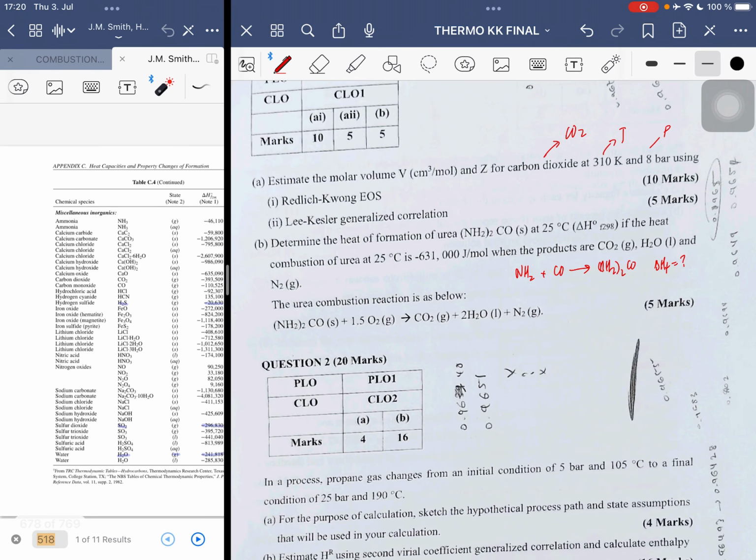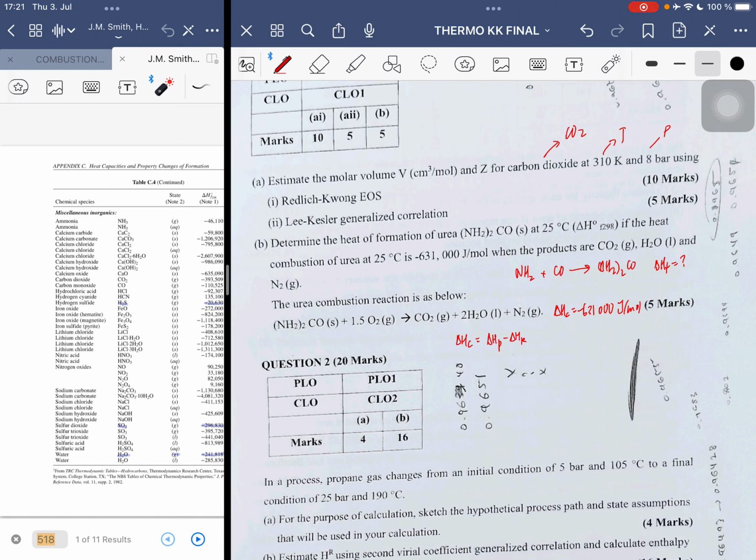But they give the heat of combustion for this. ΔHc is negative 631,000 J per mole. In general, for any reaction, the formula is heat of products minus heat of reactants.